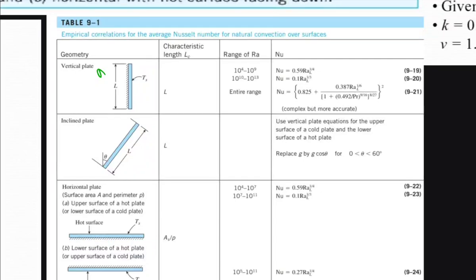We can just start with the Rayleigh number. That's fine. We don't have to look at the table for that. So the Rayleigh number is g times beta times Ts minus T infinity, all over the square of kinematic viscosity, times L cubed times the Prandtl number.